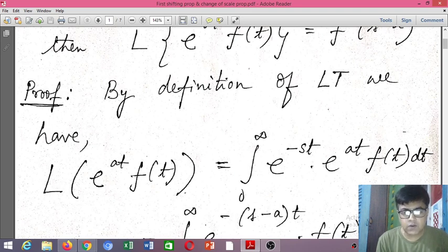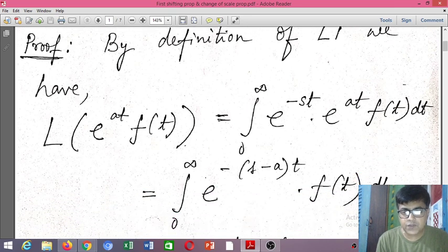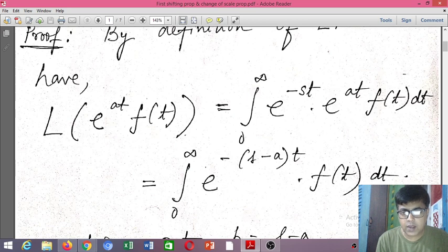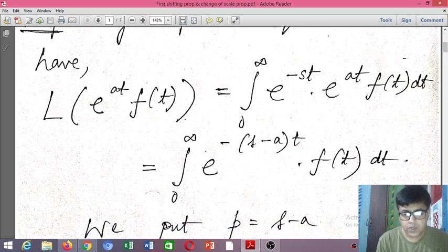If you apply the laws of indices, then you can write e to the power minus st into e to the power at as e to the power minus (s minus a) t, into f(t) dt. This is clear, I think, because we are just applying the simple laws of indices.